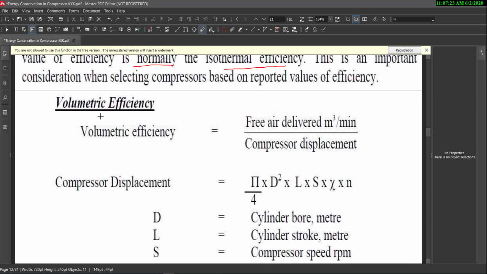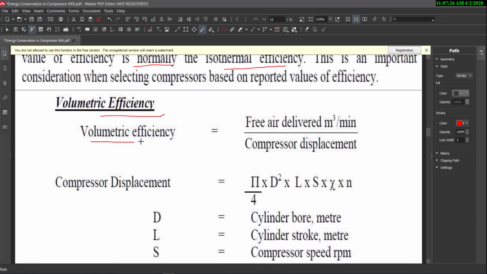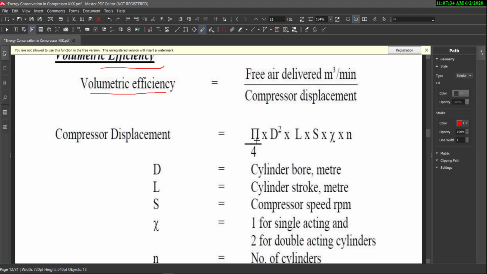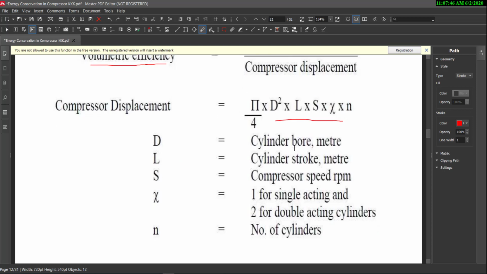And let us see next the volumetric efficiency. Volumetric efficiency is the ratio of free air delivered in meter cube per minute to the compressor displacement, where compressor displacement is given by pi by 4 D square into L into S into psi into N. Where D is the cylinder bore in meters, L is the cylinder stroke in meters, S is the compressor speed in RPM, psi is equal to 1 for single acting and 2 for double acting cylinders, and N is the number of cylinders.